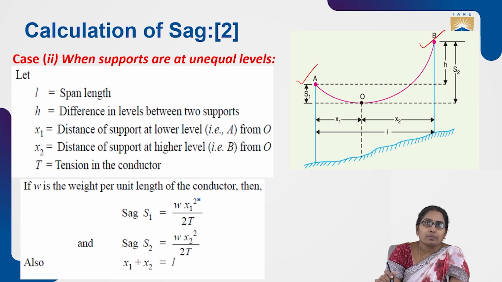Small x1 is defined as the distance of support A, the lower level support compared to the other, from the midpoint of the conductor.